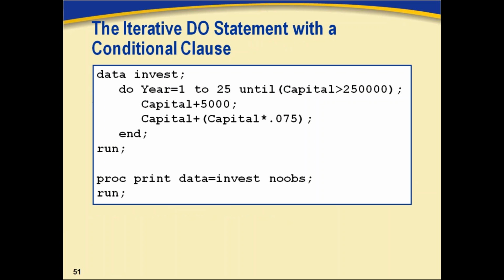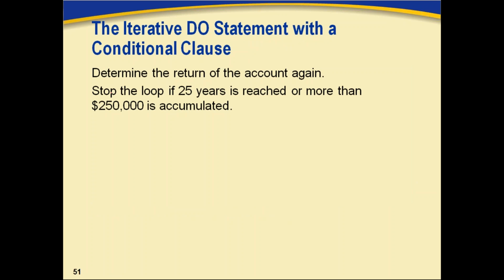Let me explain with an example. Determine the return of the account. Stop the loop if 25 years is reached or more than $250,000 is accumulated. Let's say you are asked how much time it will take to accumulate $250,000, or if it is 25 years, you have to stop. Let's say in the 25-year time frame you have not accumulated $250,000, you have to stop there.